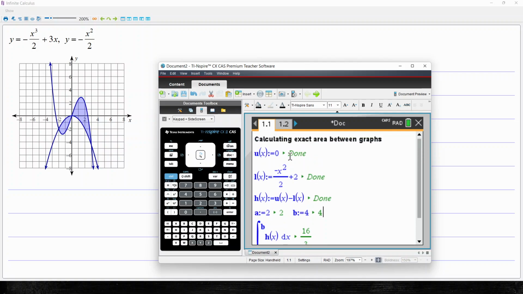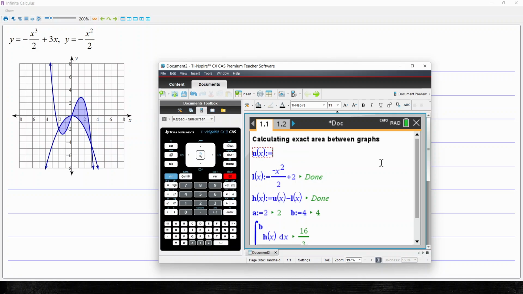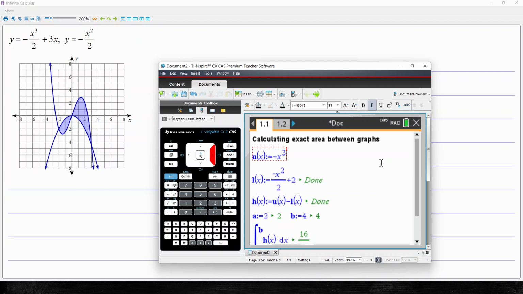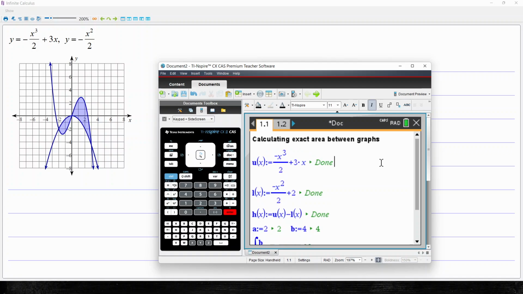And let's define these functions because we have to define them. The upper function we can choose to be a cubic function. Let's choose this to be cubic function minus, and the lower function will be minus x square over 2.